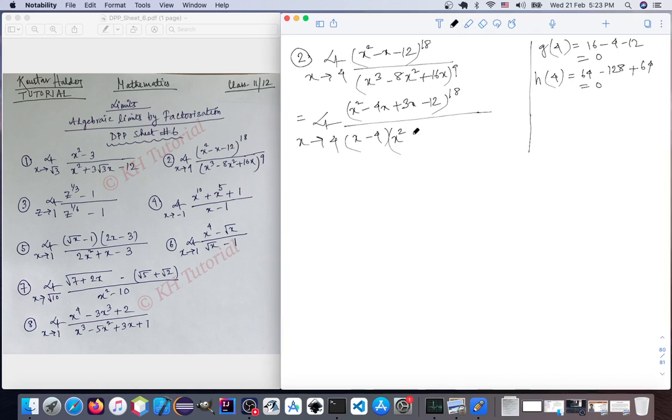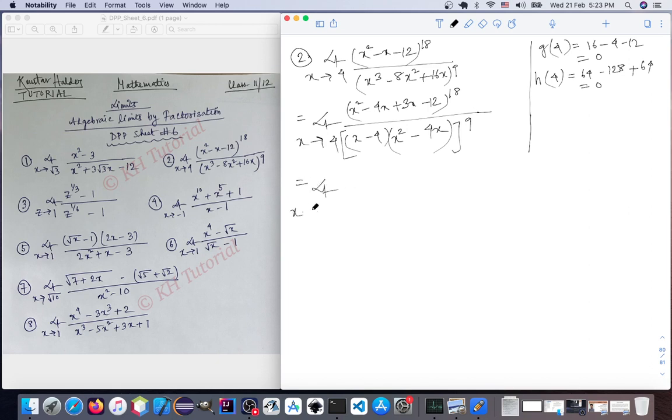So this x cubed minus 4x squared. Yes, it was whole to the power 9.